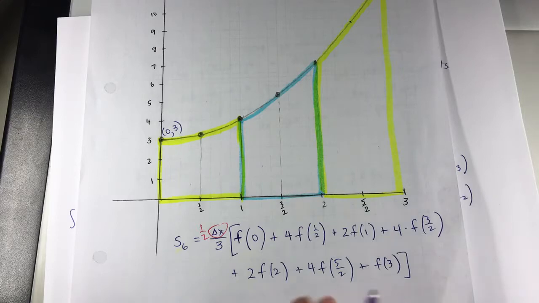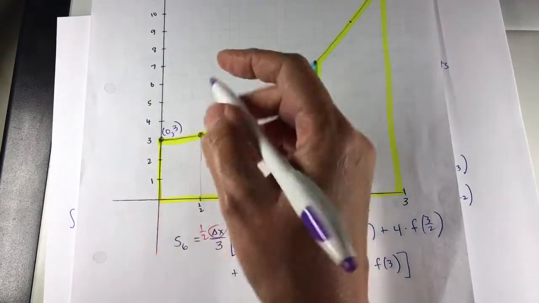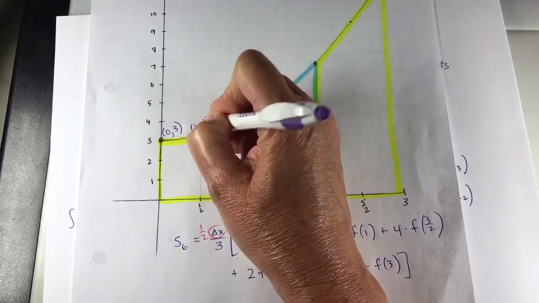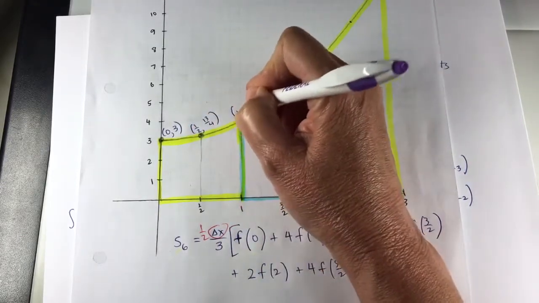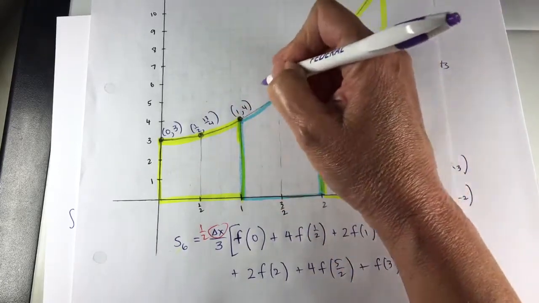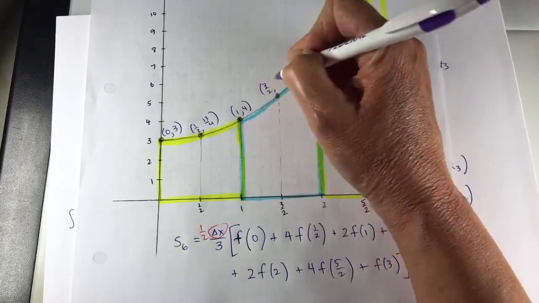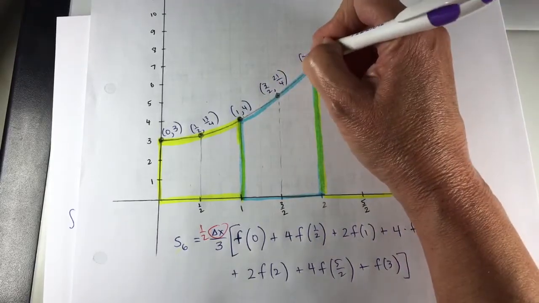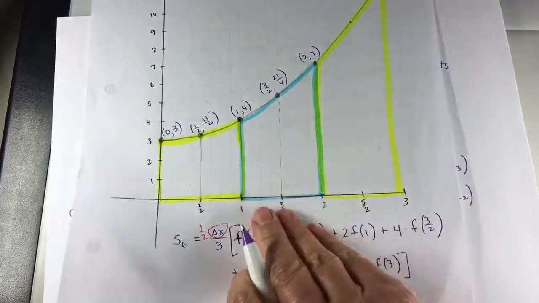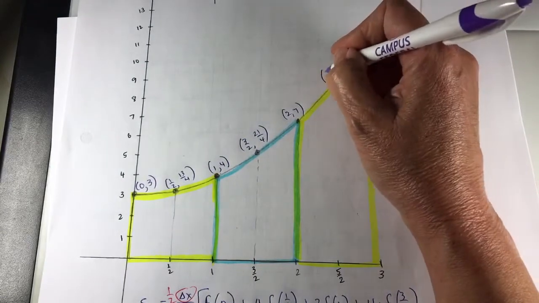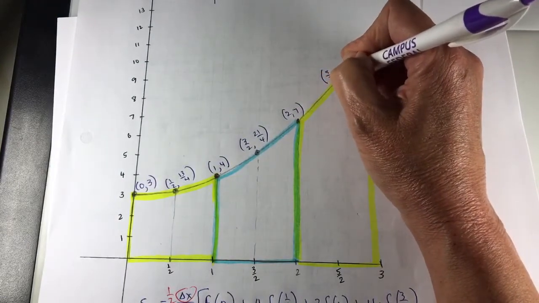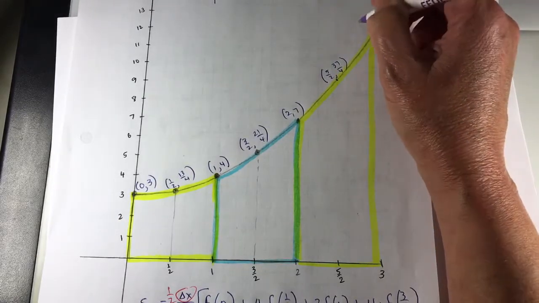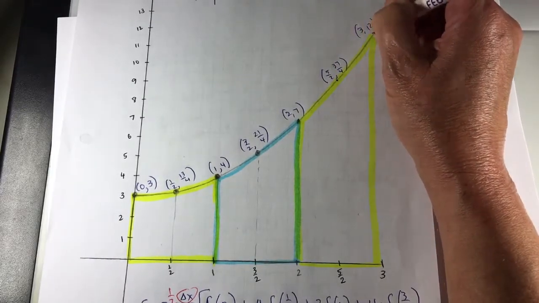But let's put this in here. 0, 3. This point's 1/2, 13/4. This one is 1, 4. This one is 3/2, 21/4. This one is 2, 7. And then I have 5/2, 37/4. And then finally, 3, 12.